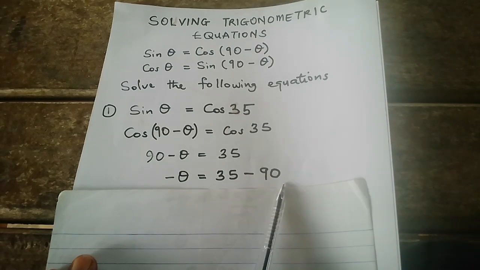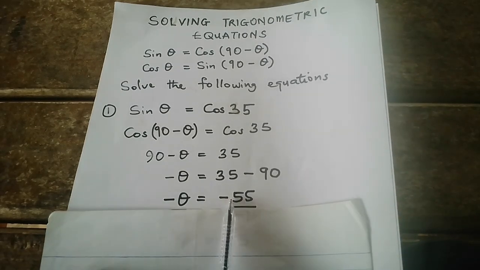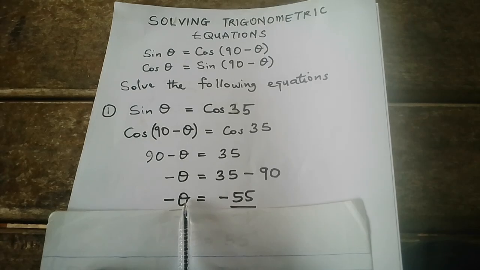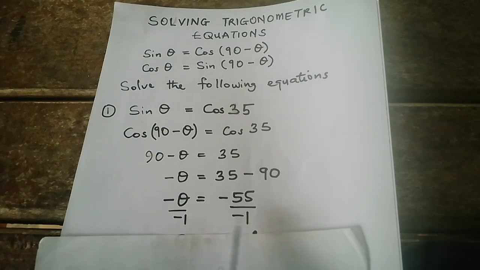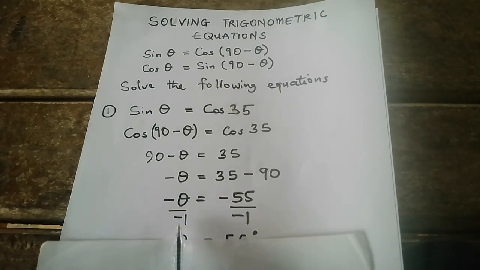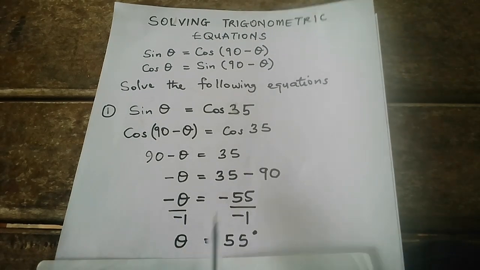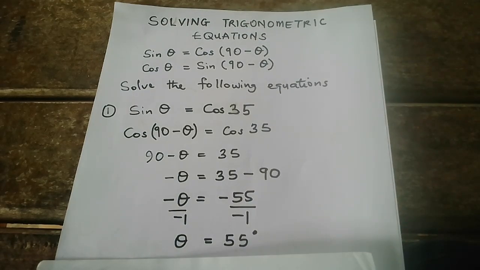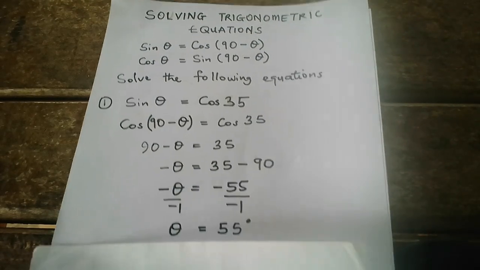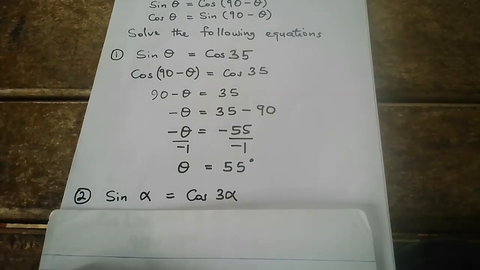Now, 35 minus 90 will give you minus 55. You are looking for positive theta, not negative theta. So what we have to do is divide both sides by negative 1. Minus divided by minus is plus, making theta equal to 55 degrees.